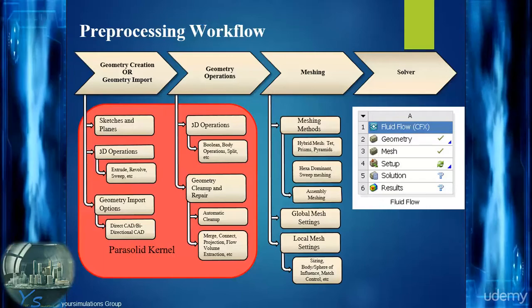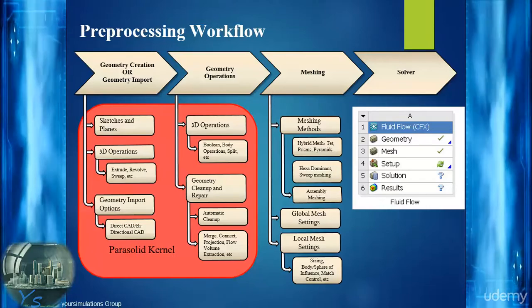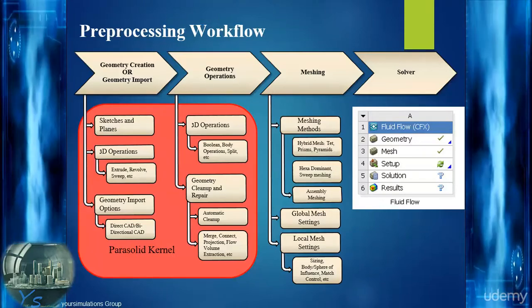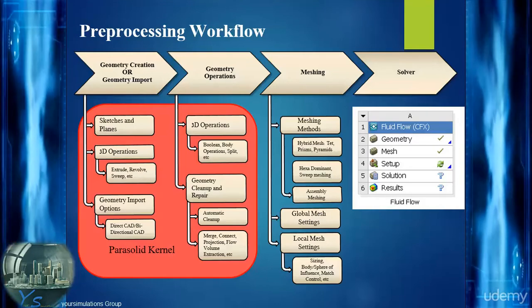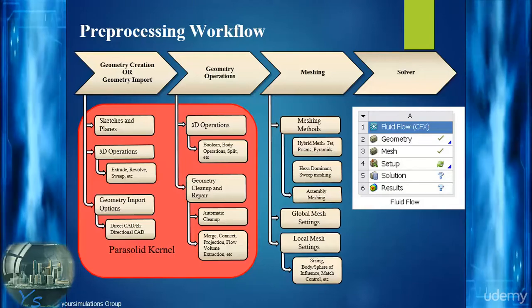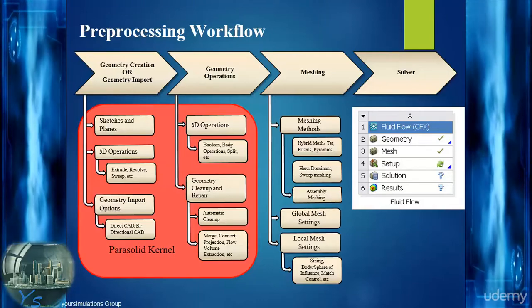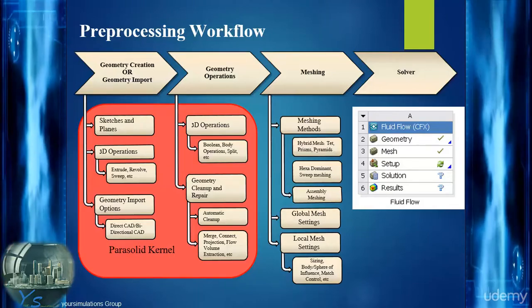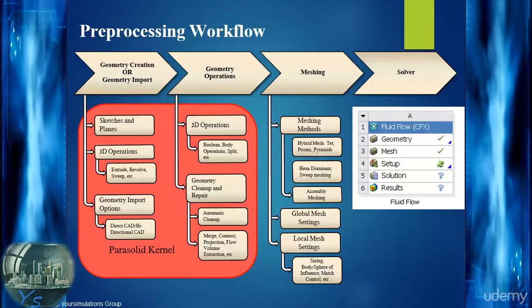Then we may also need to perform some geometry operations beyond that, such as some Boolean operations, which if you use CAD systems you'll be familiar with some of those operations like splitting. And then we also may need some geometry operations in order to clean up and prepare the geometry for simulation.